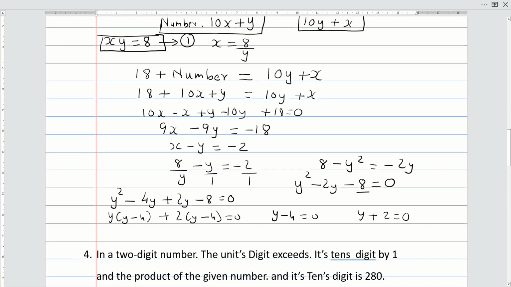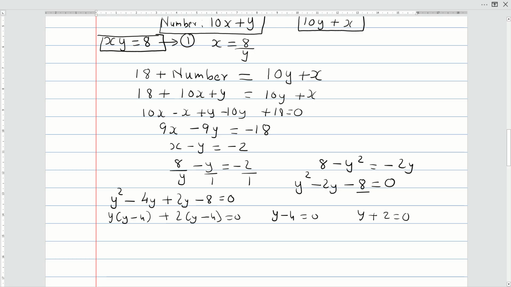So if I solve this further, I get the value of y as y is equal to 4 and y is equal to minus 2. We'll discard the negative value because a digit is not negative. So we got the units place, the value of y is 4.